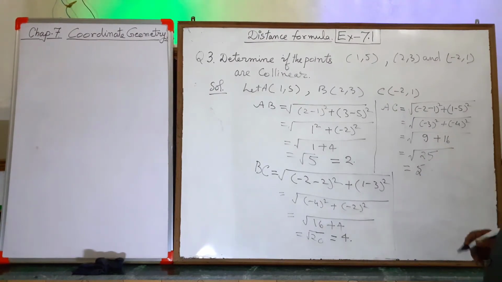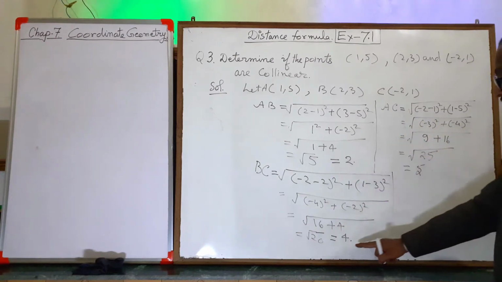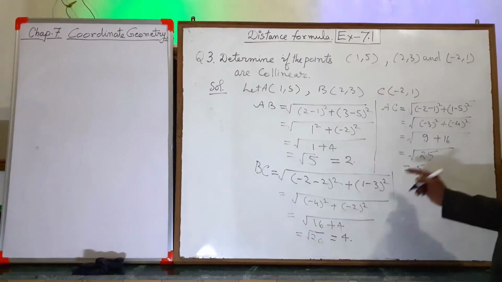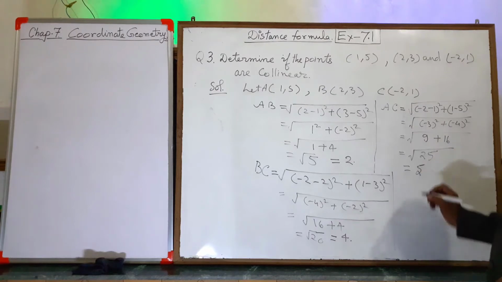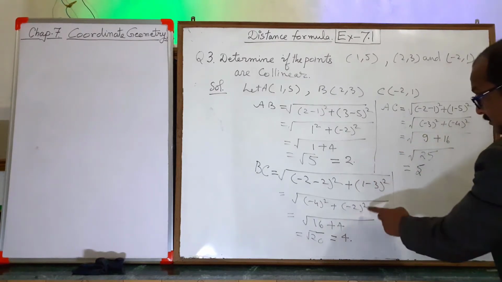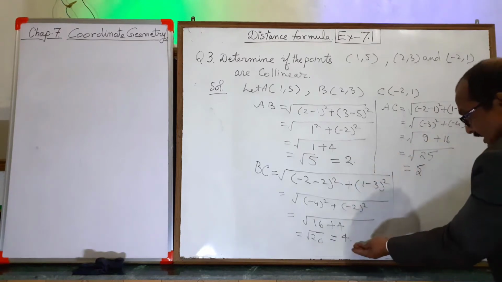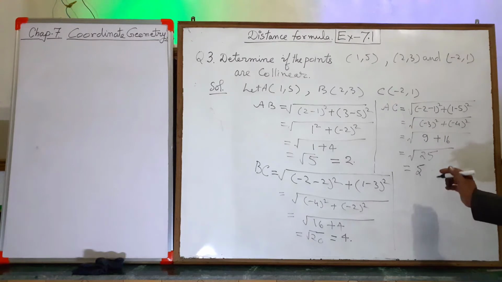Now you can check, this is 2 point something and it is 4 point something. You can easily understand it is 2 plus and it is 4 something. And if you add 4 and 2, it is never coming equal to 5.